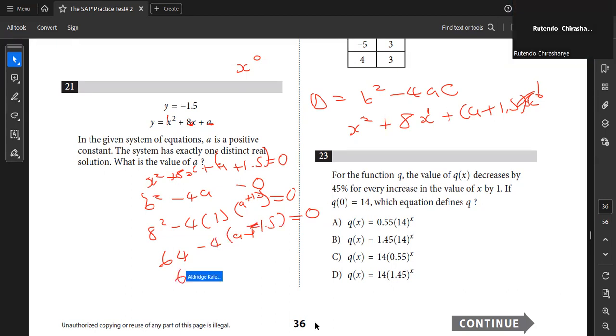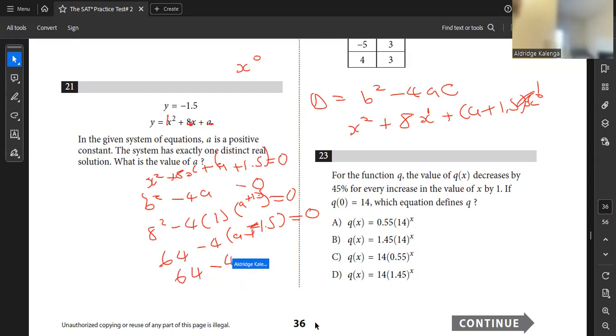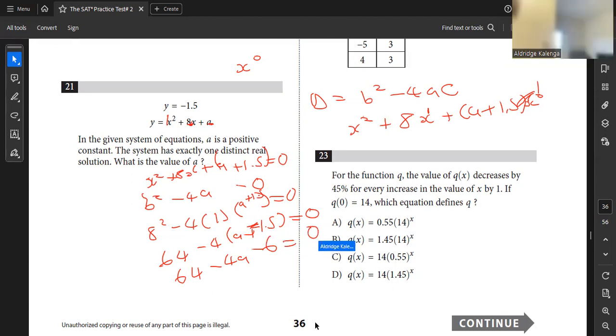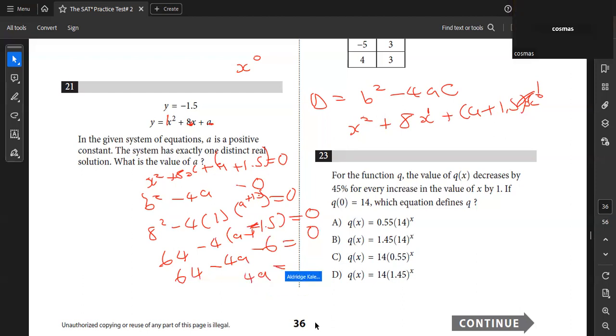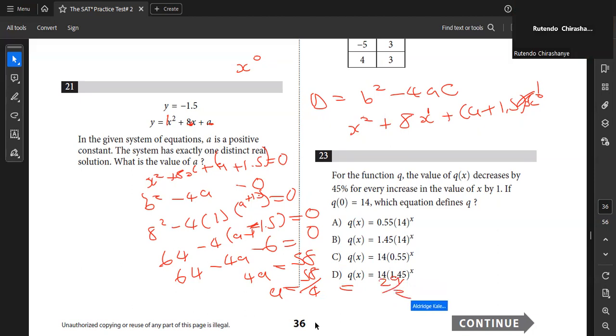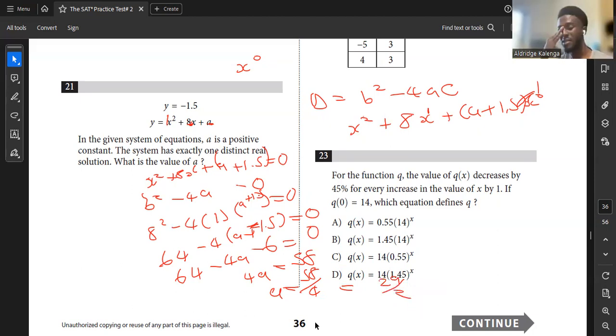So 4a is equal to 64 minus 6, which is 58. So 58 over 4, guys, and then you can simplify that if you want to 29 over 2, which is the same as 14.5. So yes, you are correct.